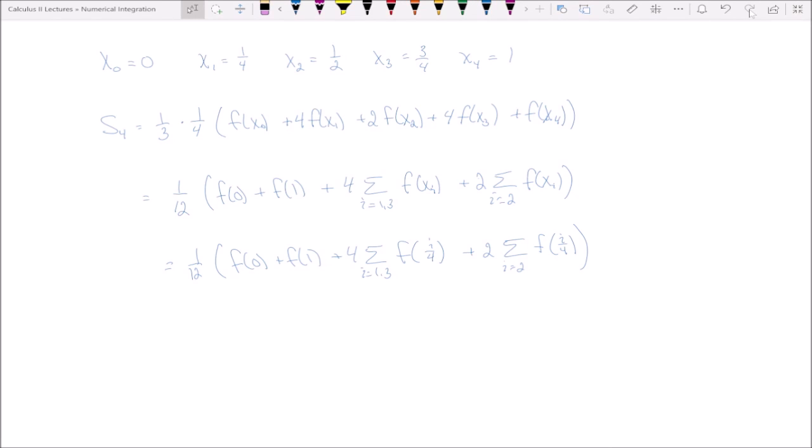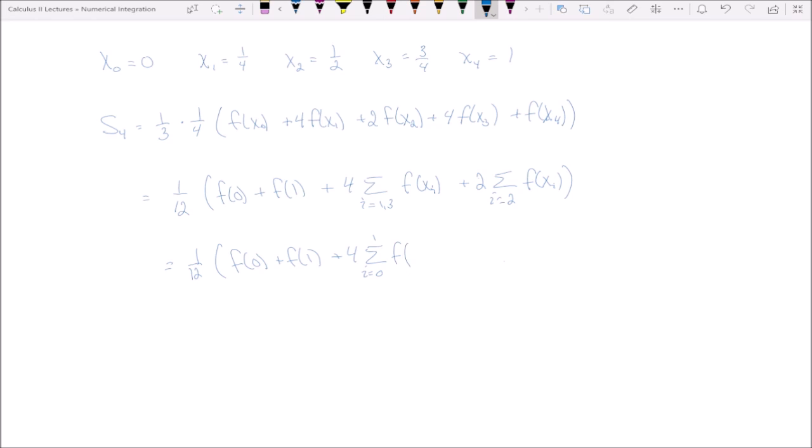So after playing around with the calculator, I'm going to rewrite these sums. I'm going to write it this way. So 4 times, I want i to go from 0 to 1, because we need x1 and x3, that's 2. So 0, 1, that's 2.